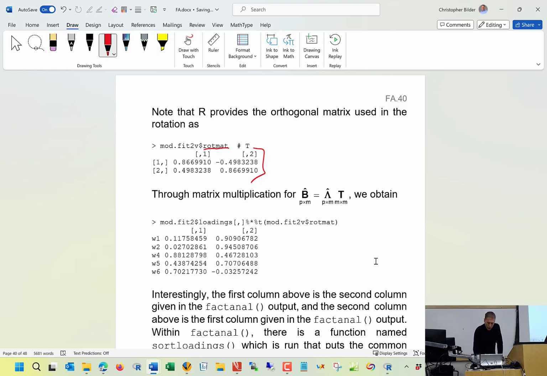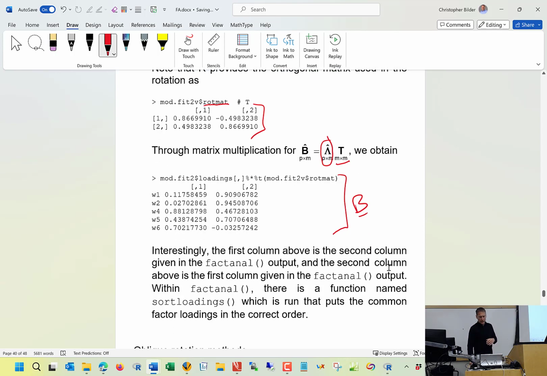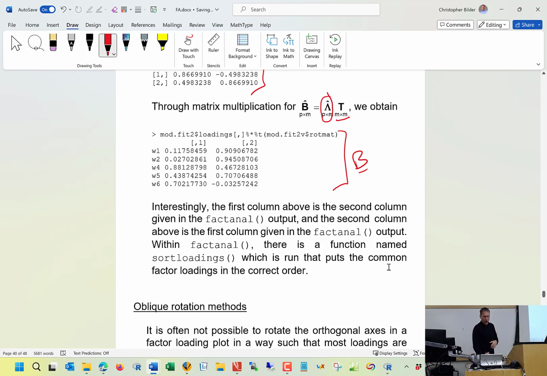So if I took my original lambda hat matrix, when I did not do a rotation, times this T matrix, then what I will get is my B. The columns are actually reversed. It's not a big deal there. That's what can happen sometimes, and our function inside factanal will actually make the correction.